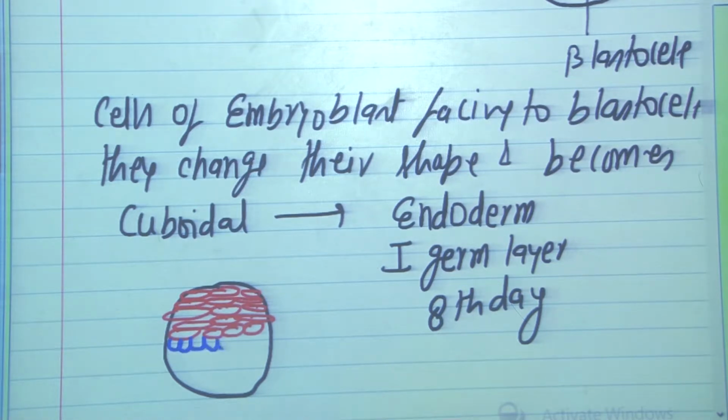Cells of the inner cell mass which are facing the blastocele become cuboidal and form the endoderm. This is the first germ layer.